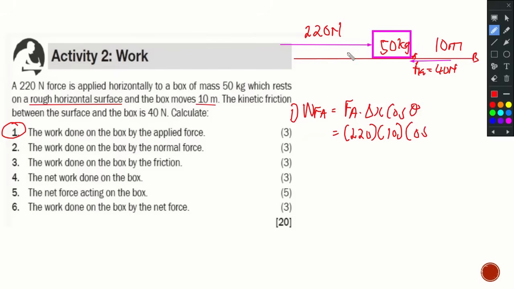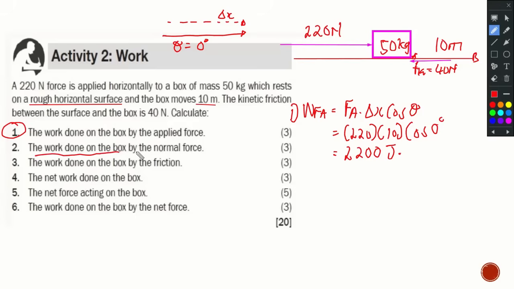As we can see, the force applied is in the same direction as the displacement, meaning the angle will be 0 degrees. So you're simply going to say 220 multiplied by 10, and then multiplied by 1. We know that cos 0 is 1, so this will be 2,200 joules. Okay, nice. So easy peasy.